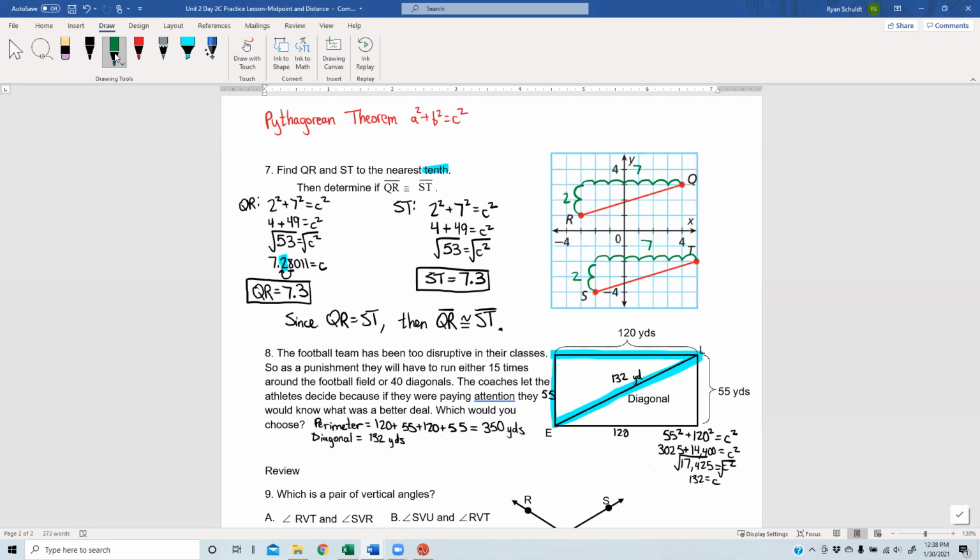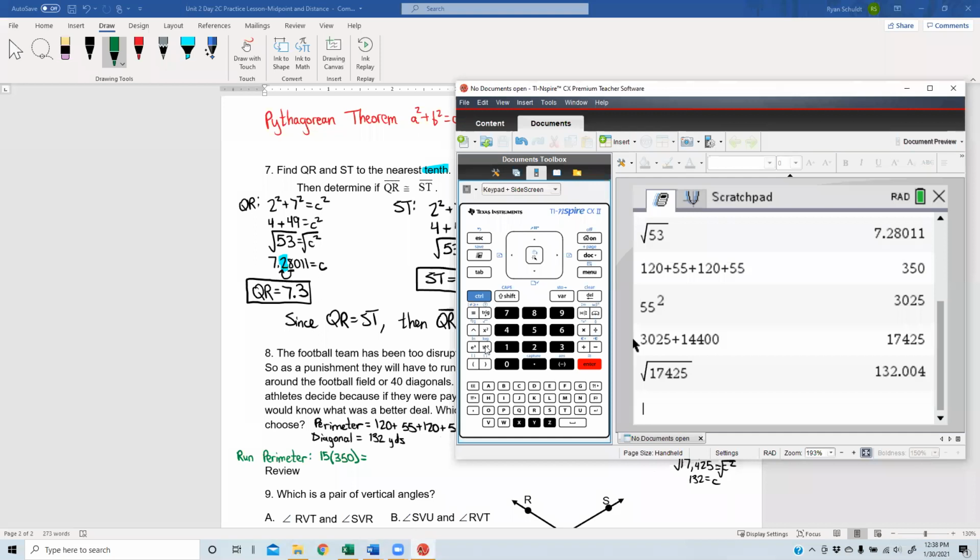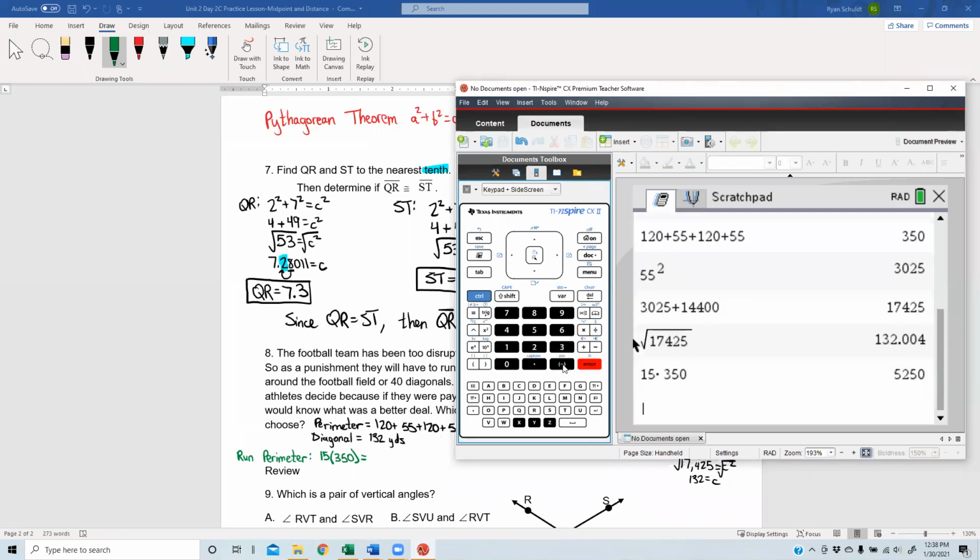The first option, you run the perimeter. How many times did coach say you had to run? If you run the perimeter, you've got to do it 15 times. So 15 times 350. It's going to be 5,250 yards.